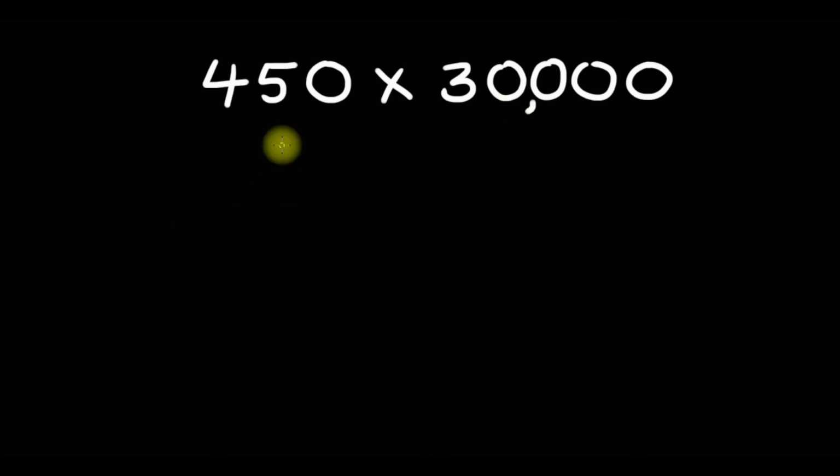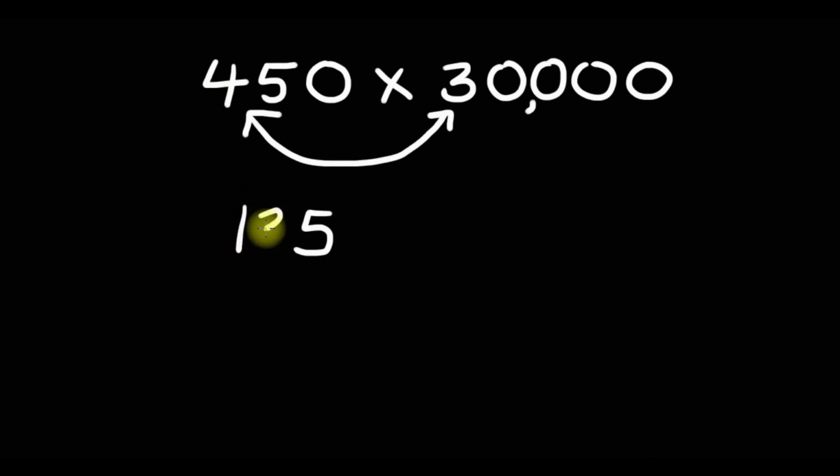Okay, so these are numbers that are ending in zeros. First, we are going to multiply those numbers that are not 0. So we take 45 times 3. Well, 45 times 3, 3 times 5 is 15. And then 3 times 4 is 12. Plus 1 is 13. Okay, so when you take 45 times 3, you get 135.